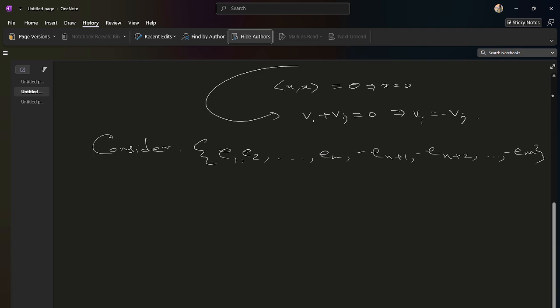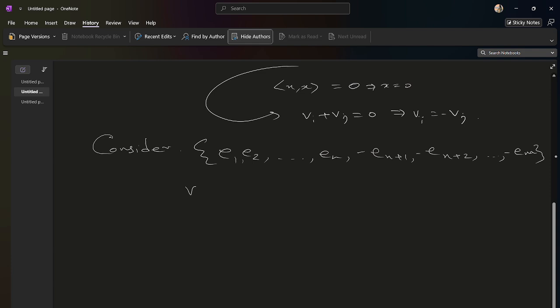So then what will happen? I think it satisfies all the hypotheses, because the inner product of Ei with minus Ei will be -1, with itself it will be 1, and otherwise it will be 0. So it satisfies all the hypotheses.